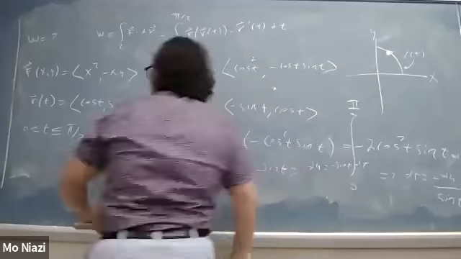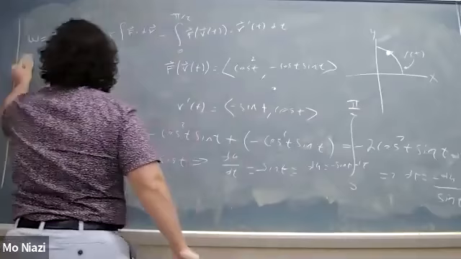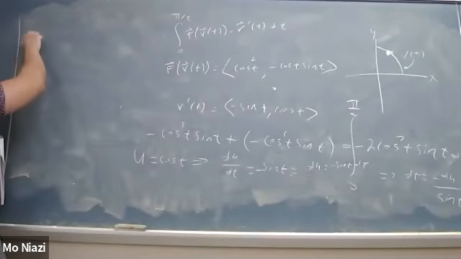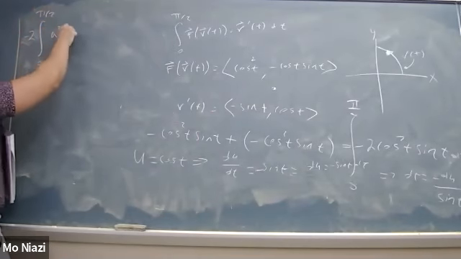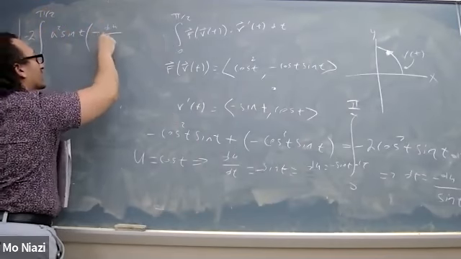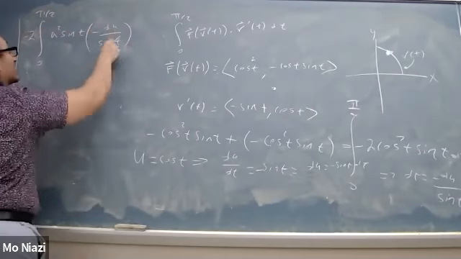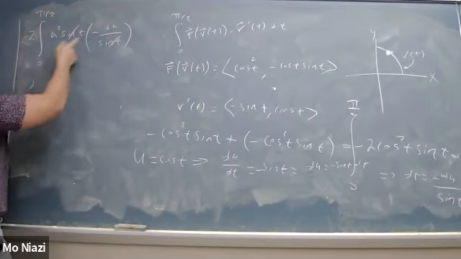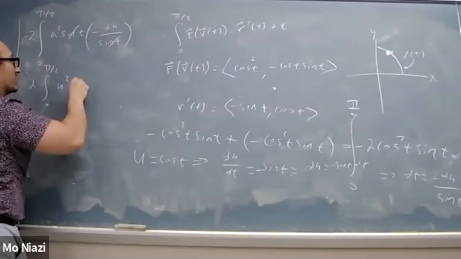When we plug it back into our integral, we get negative 2 times the integral from 0 to pi over 2 of u squared sine of t times negative du over sine of t. Cancel out the sine of t's, and the negatives cancel out, so you have negative 2 times the integral from 0 to pi over 2 of u squared du.